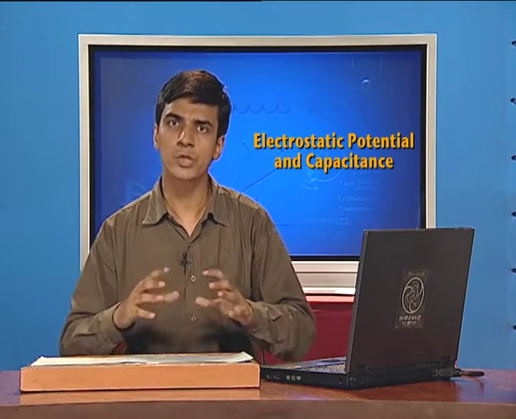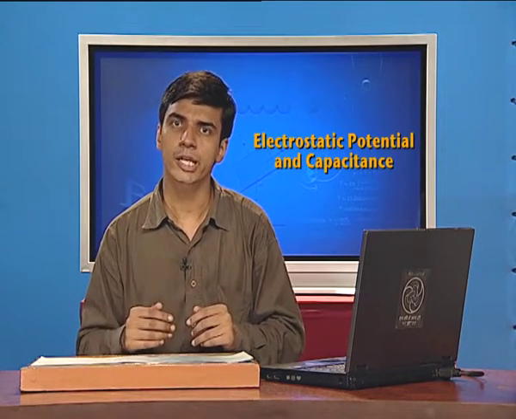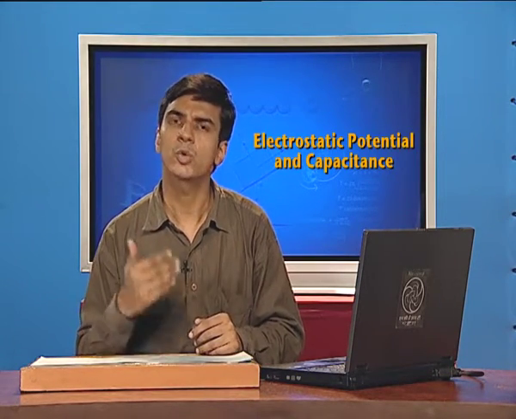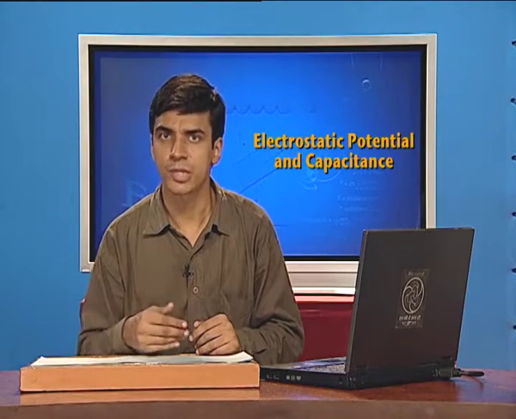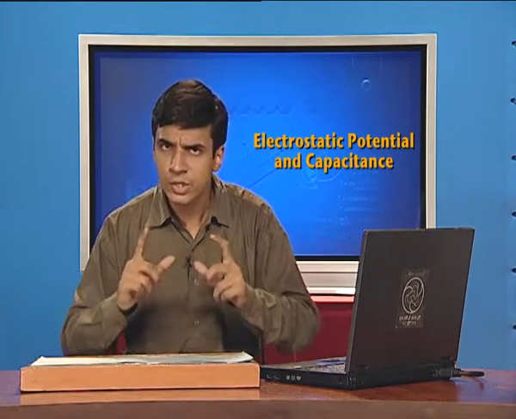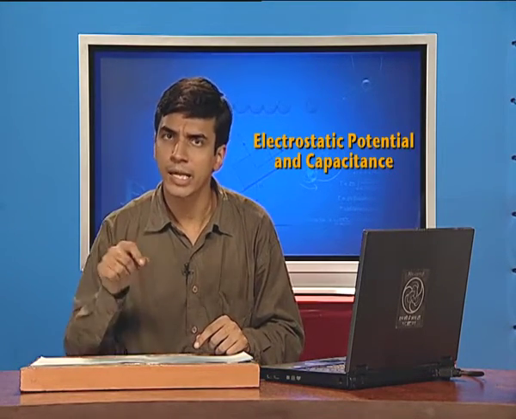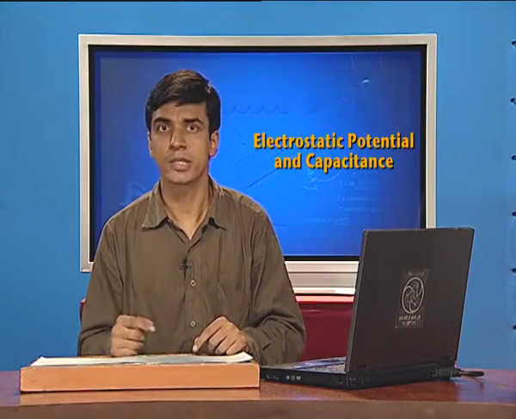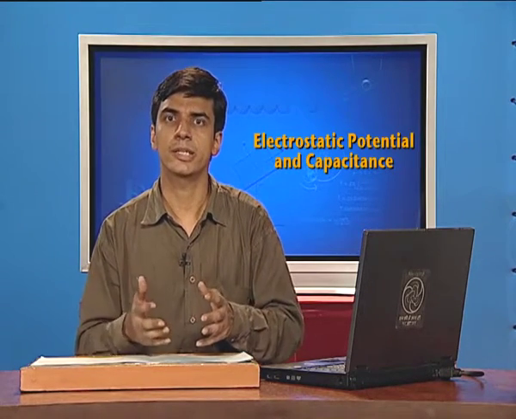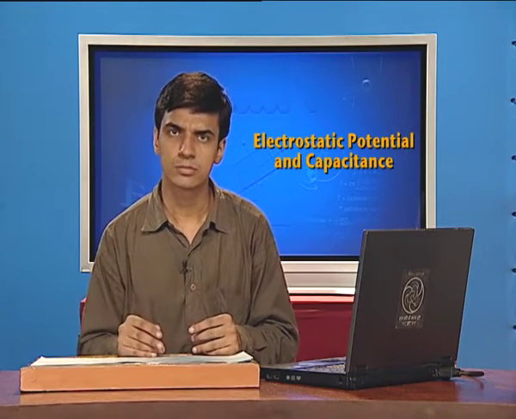So what happens to the energy that I am imparting, or the force that I am giving to the charge to counter that repulsion, that is the Coulombic repulsion? Actually that energy gets stored in the form of potential energy at that point, and then I say that this is the electrostatic potential of this charge at this point.